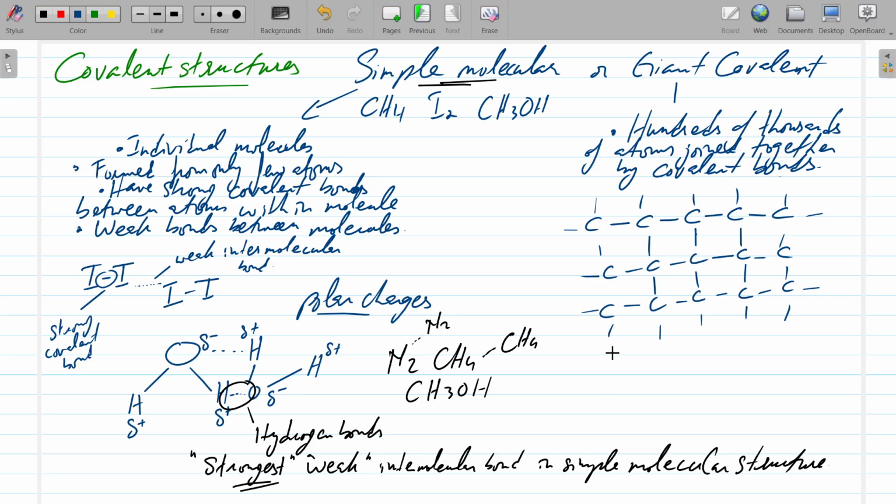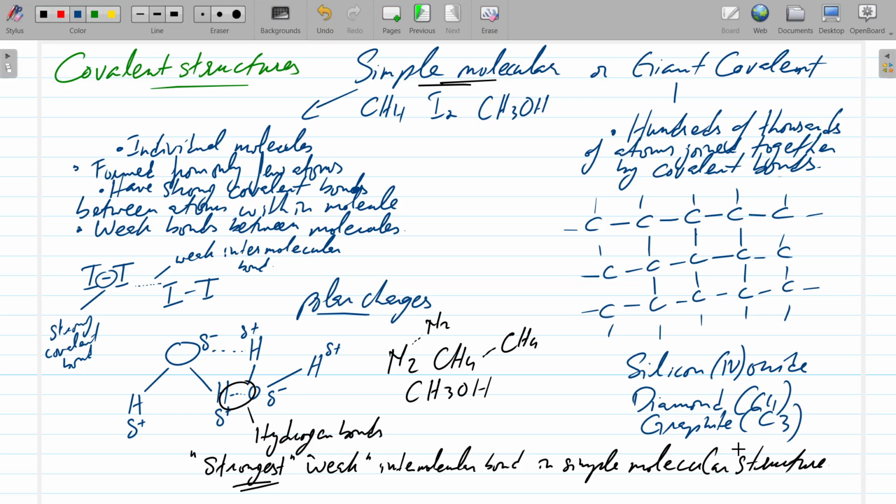So you can look at the book, and they've given you an illustration of what silicon 4 oxide would look like. They've also given the structure of diamond, which is C4, and graphite is C3.